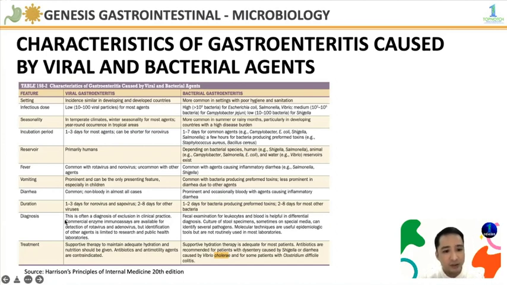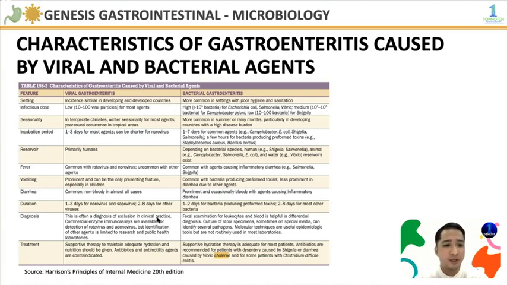In terms of diagnosis, for viral gastroenteritis, commonly in clinical practice we use clinical history, followed by different ancillary procedures. For bacterial gastroenteritis, fecal examination for leukocytes and the presence of blood in cases of dysentery are useful in diagnosis.